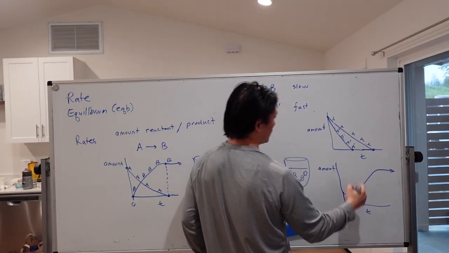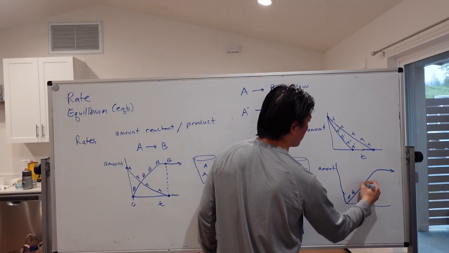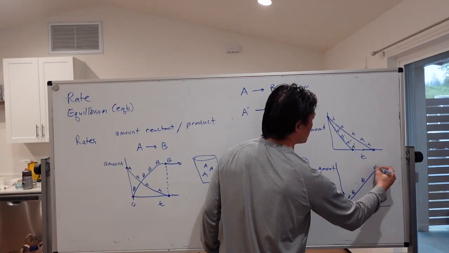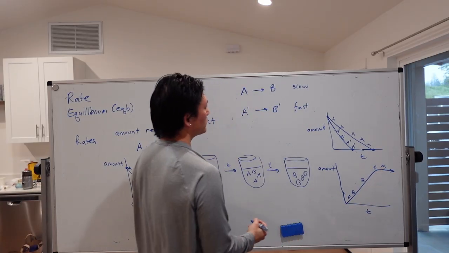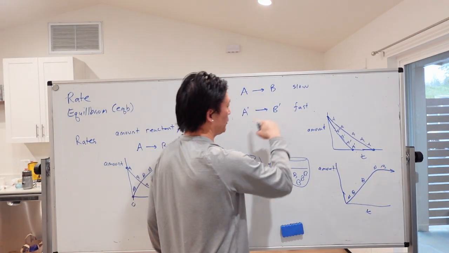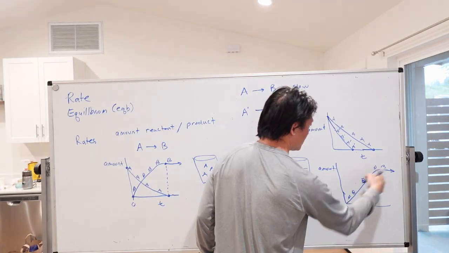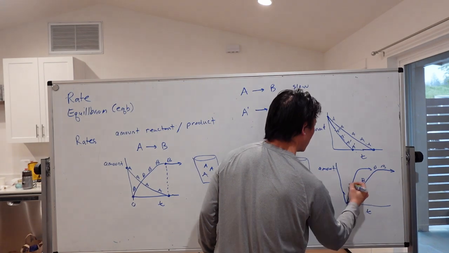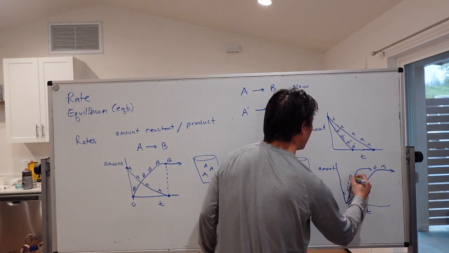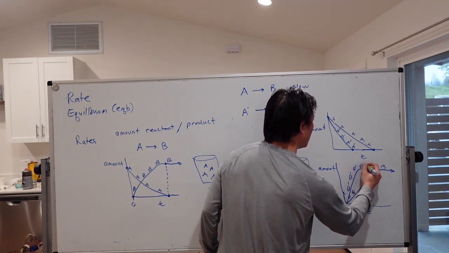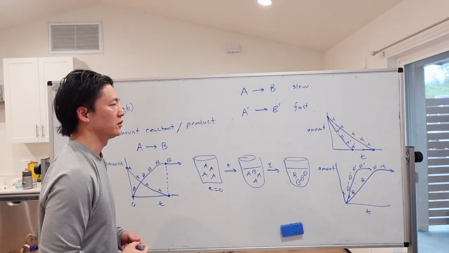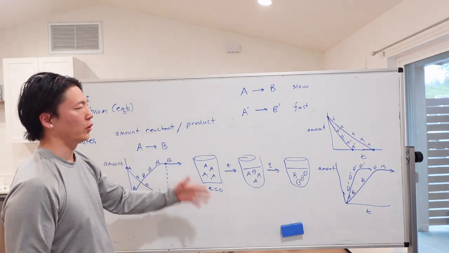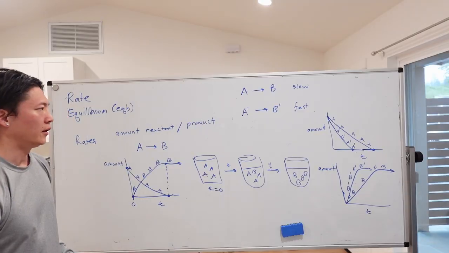That would be just regular B, and then B prime would be much faster. It reaches that point a lot faster. So this is B prime here.